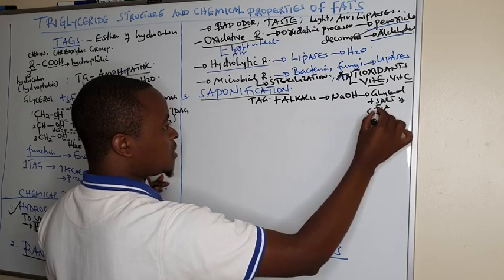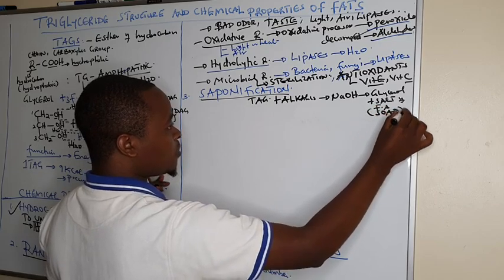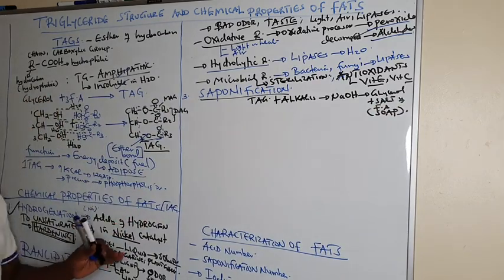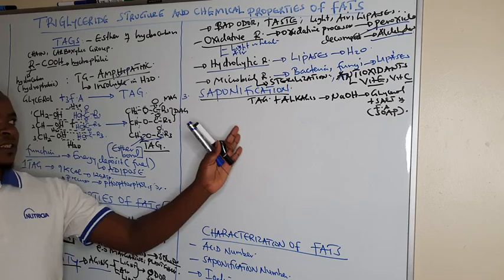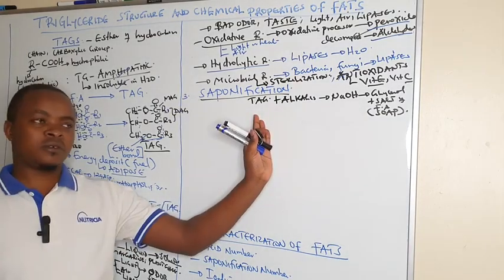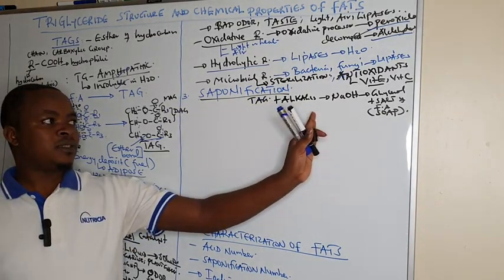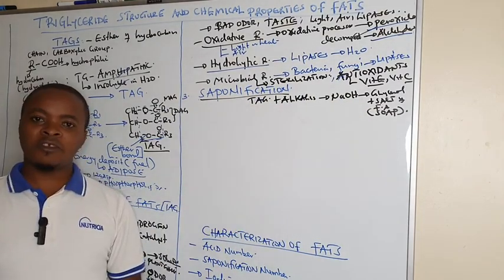And this salt of fatty acid is known as soap. So the reaction whereby triacylglycerol reacts with alkalis, forming glycerol and salt of the fatty acid, which we know as soap.